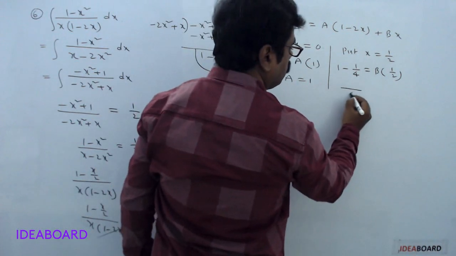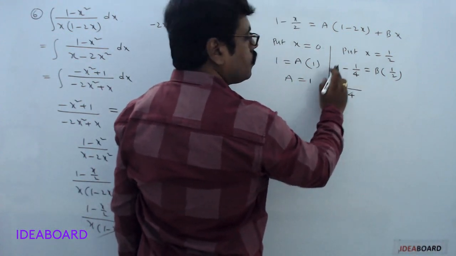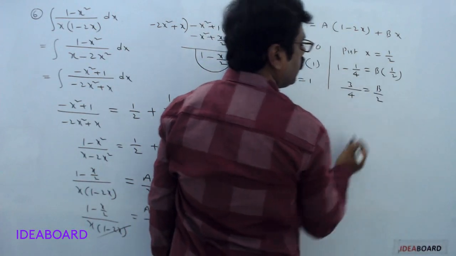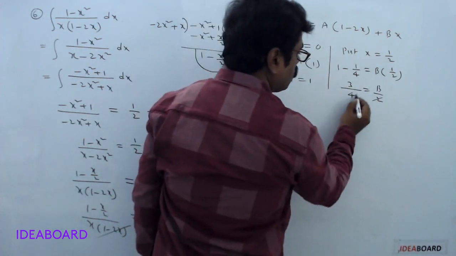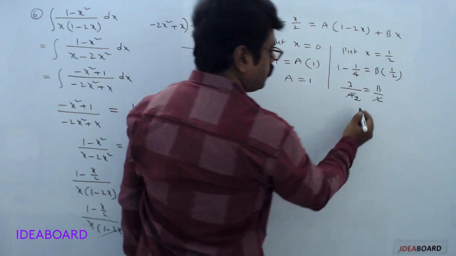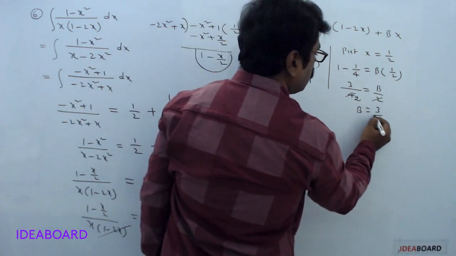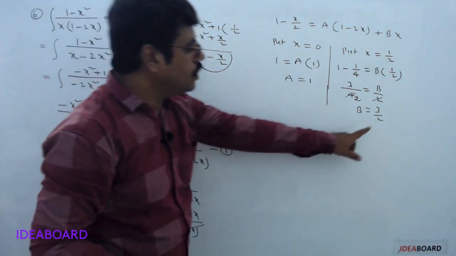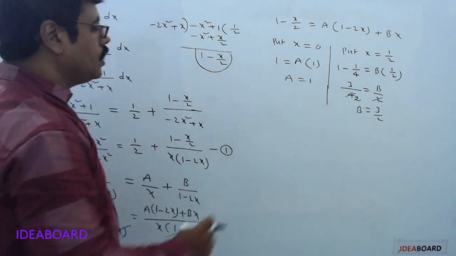Now here what is the LCM? 4. 4 into 1 is 4, 4 minus 1 is 3, equals b divided by 2. Now 2 will be cancelled for 2 times. So b value is 3 divided by 2. A value 1, b value 3 by 2.